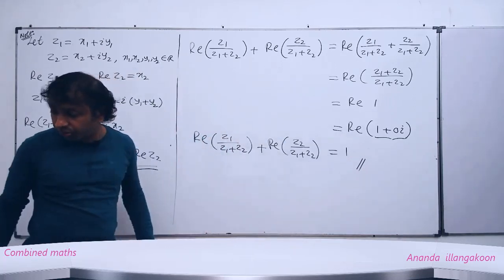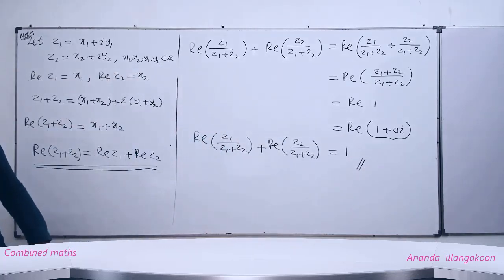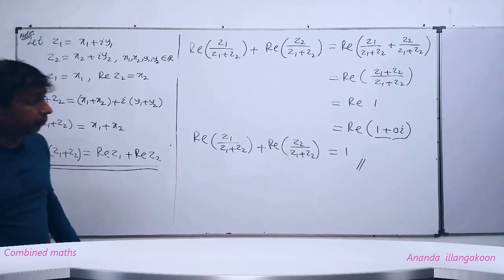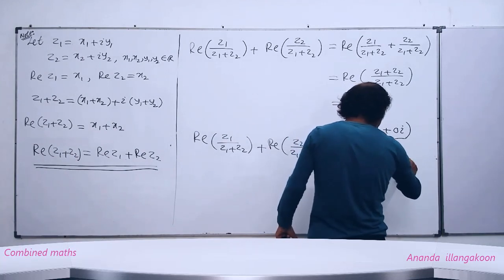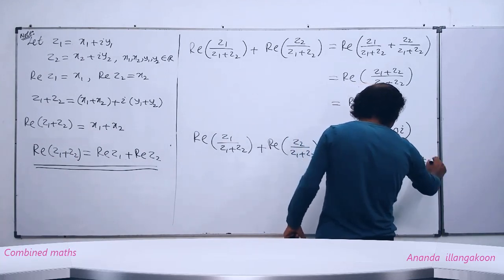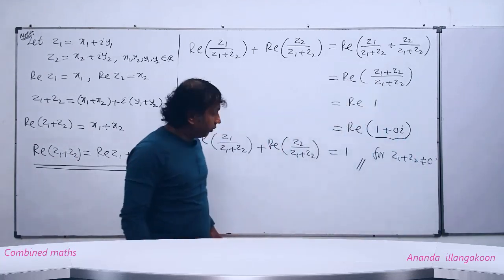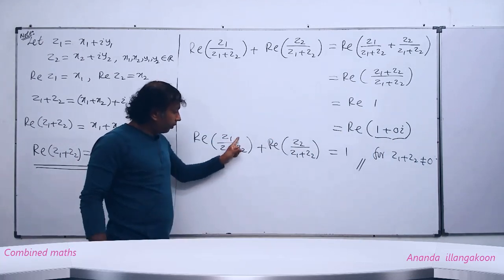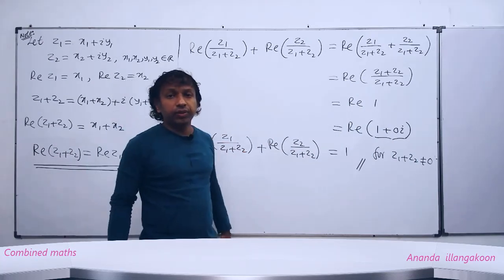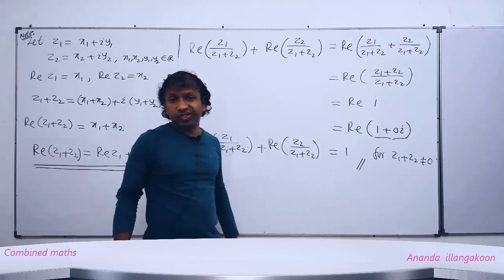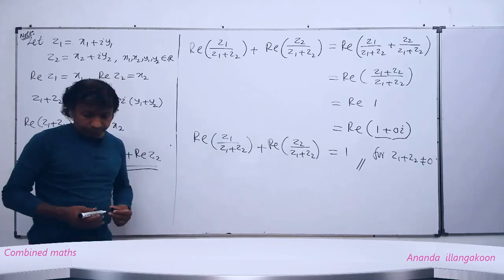This is also true for Z1 plus Z2 not equal to 0. Why? If Z1 plus Z2 equals 0, this is 0, this is infinity, and infinity has no meaning. Then this statement has no meaning if Z1 plus Z2 equals 0.